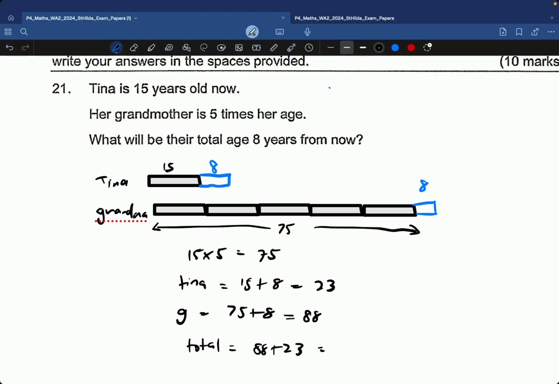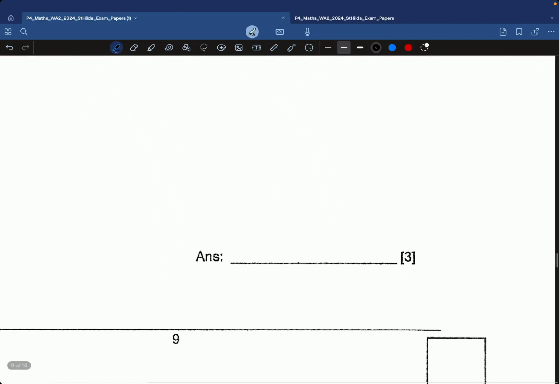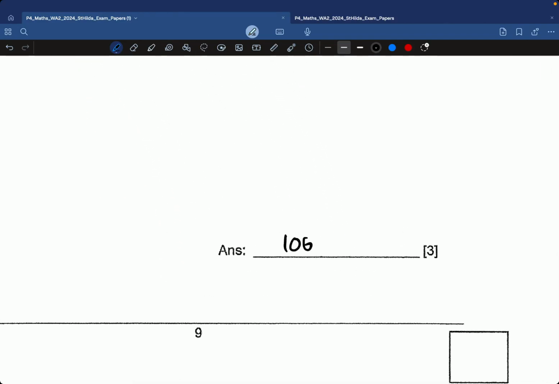Some mental math. 75 plus 8 is not 88, it's 83. My mental math is not there yet. So 83 plus 23 is 106. Okay, 106. So that is their total age in 8 years time. So it's 106. There we go.